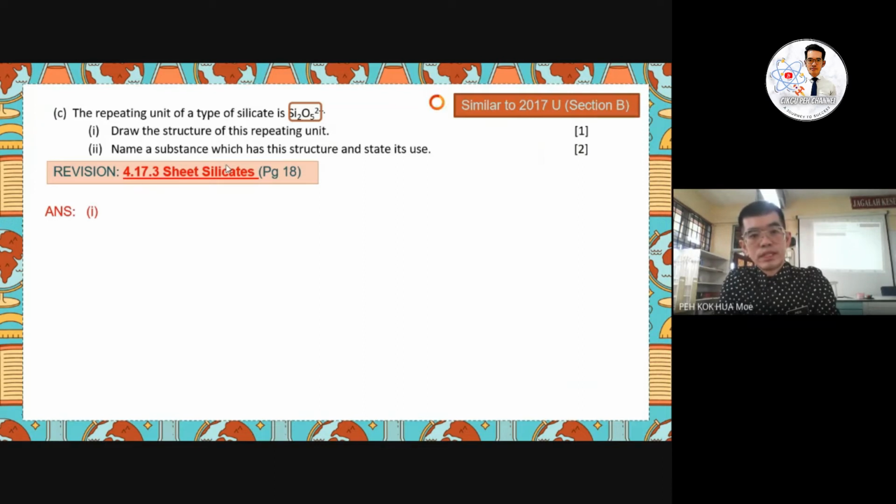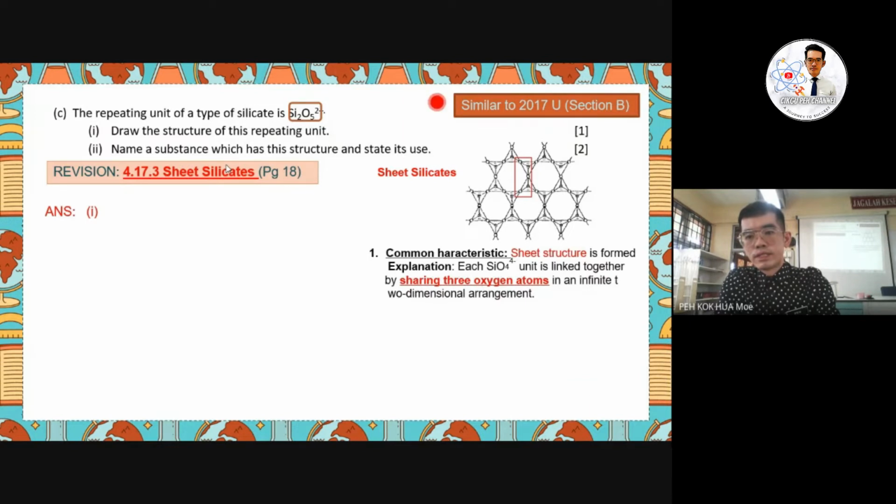This is regarding the revision at 4.17.3 sheet silicate. I also discussed this already in the last discussion. Here is the structure for the sheet silicate. As I mentioned, you have to memorize the facts. The sheet structure is formed when the SiO4 4- units are linked together by sharing 3 oxygens.